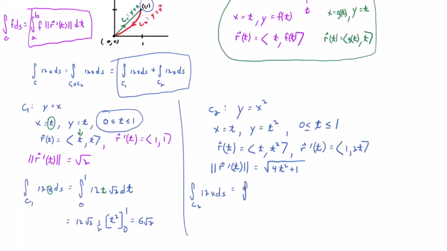Integral from a to b, 0 to 1, 12 times t. And then we have magnitude r prime, which is 4t squared plus 1. And then don't forget the dt on the end.